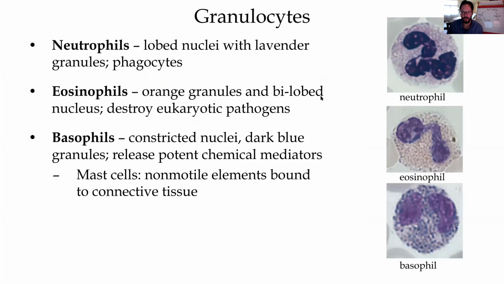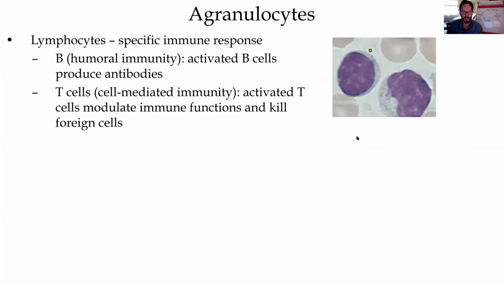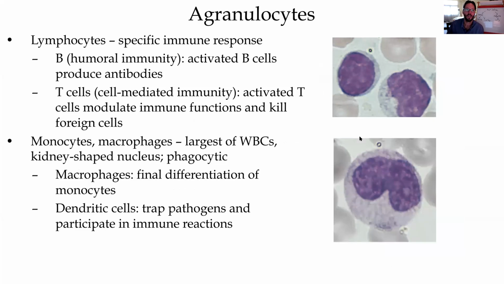Neutrophils, eosinophils, basophils. These are the differences. We've already talked about them. Lymphocytes, you're going to have your B cells, your T cells. We'll talk about those more on Friday. Your monocytes, those are going to be your macrophages, your dendritic cells. Those are going to be second line, non-specific.